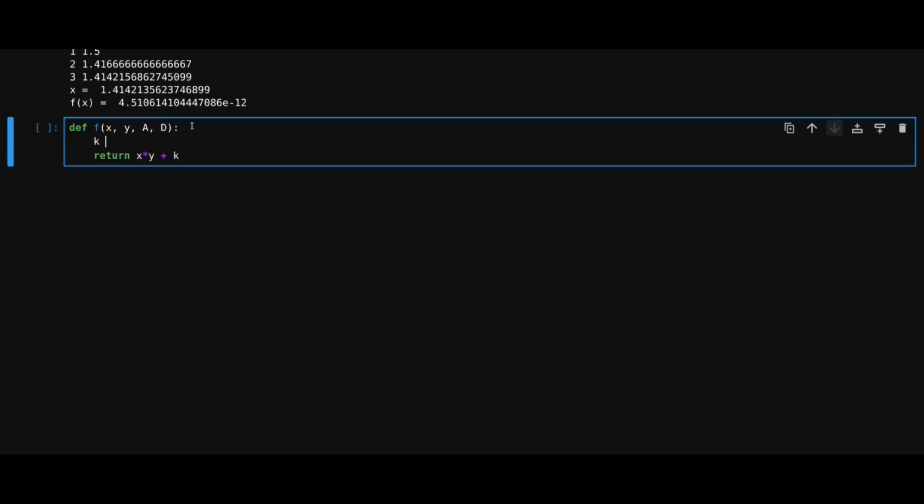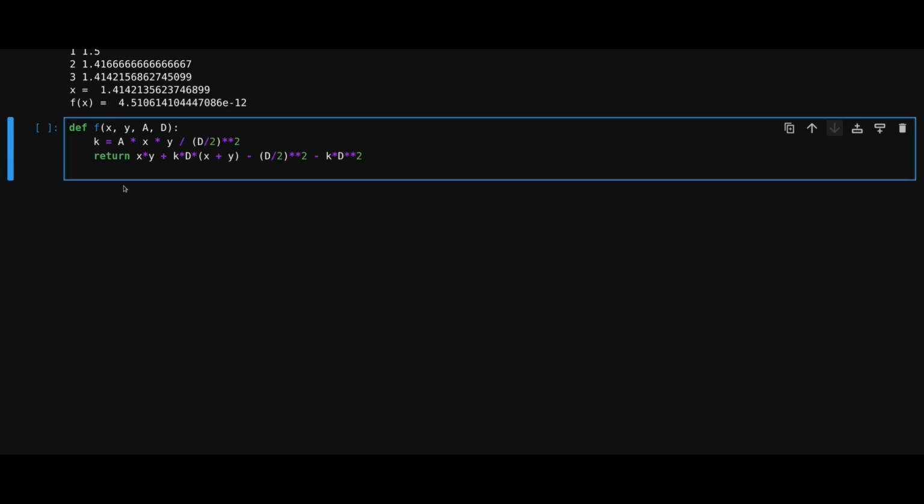And where this k is equal to a times x times y divided by d over 2 squared. Okay, and then we have k times d times x plus y. So this is the left side of the Curve's equation. And the right side is minus d over 2 squared minus k times d squared.